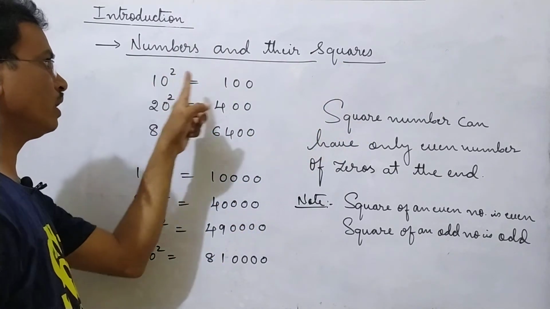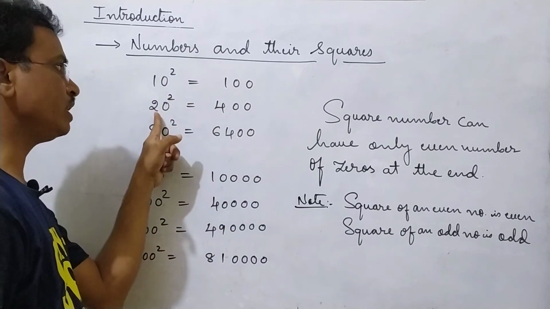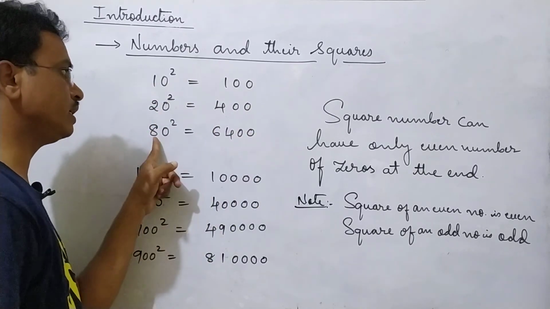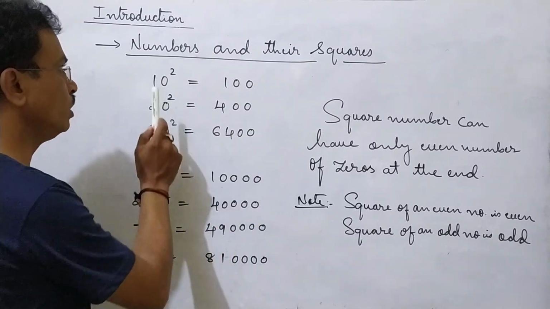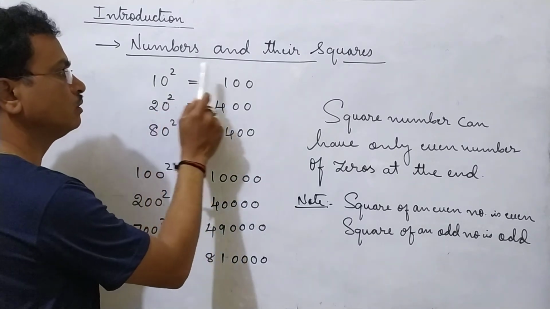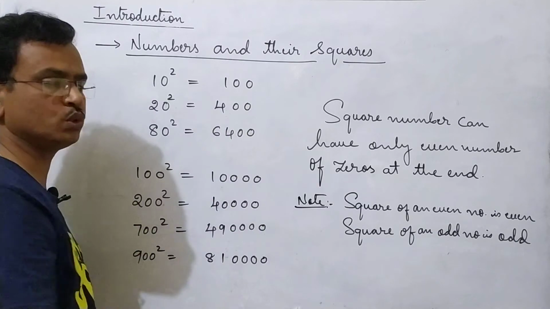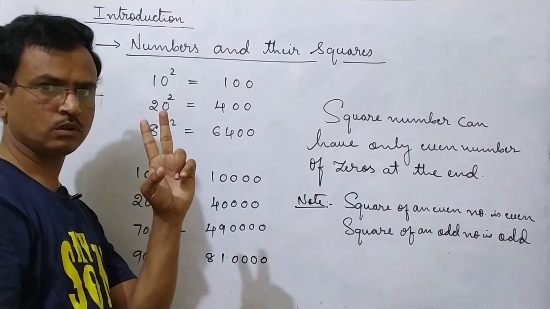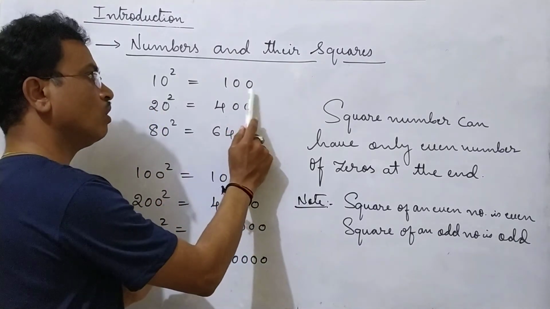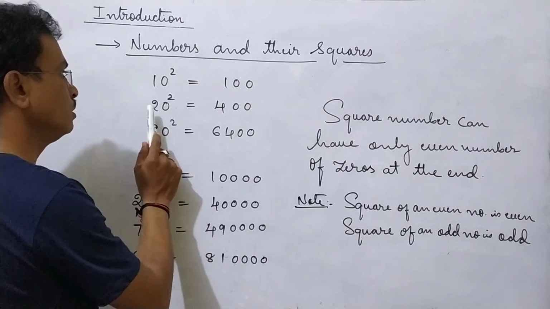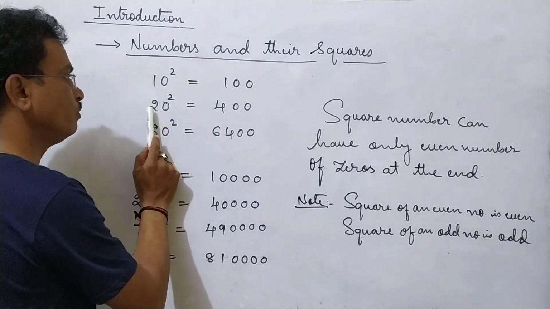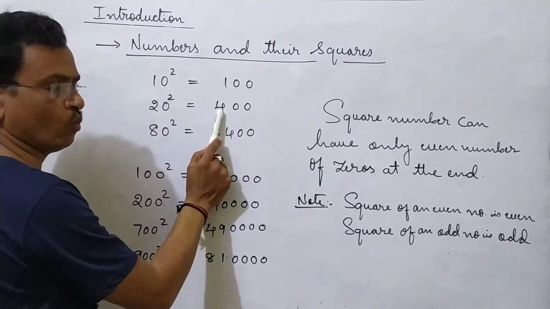Now 10 square is 100, 20 square is 400, 80 square is 6400. Now here 1 zero is there. On the RHS side you see 2 zeros. 2 zeros means an even number of zeros. Now 20 square: first you should take 2 square, 4.